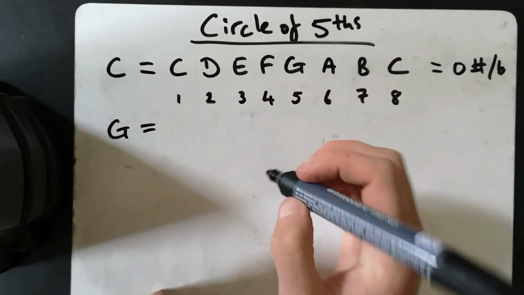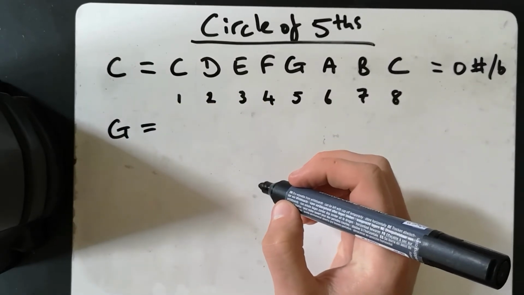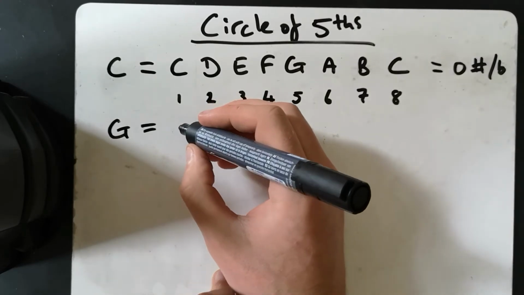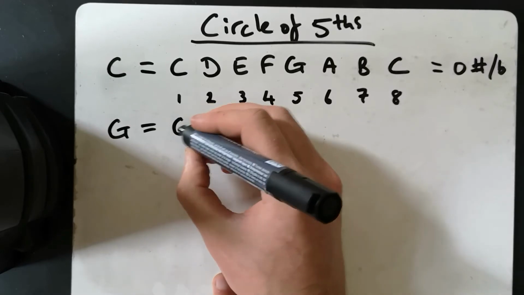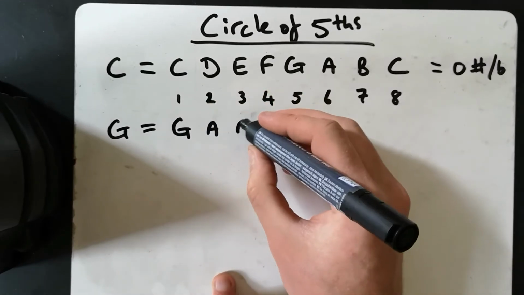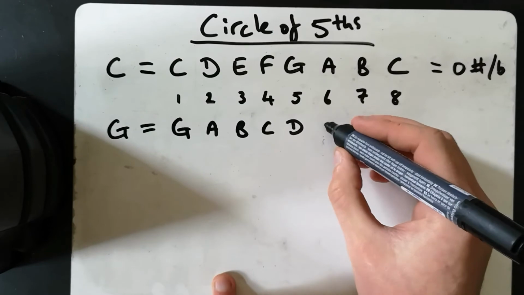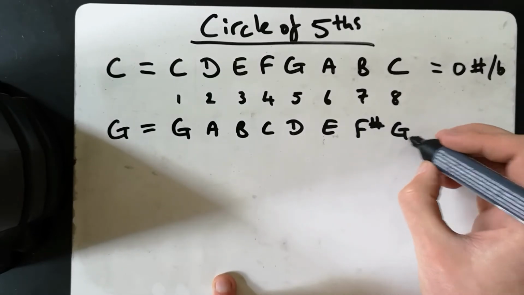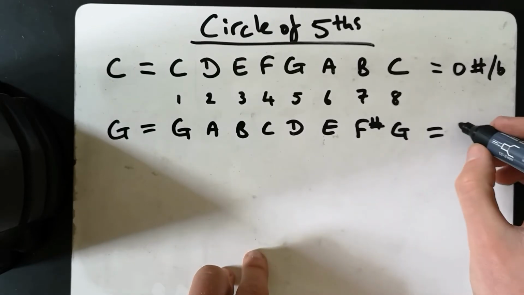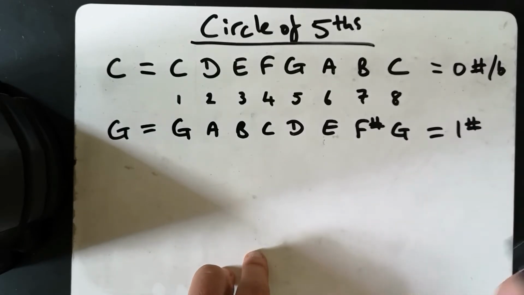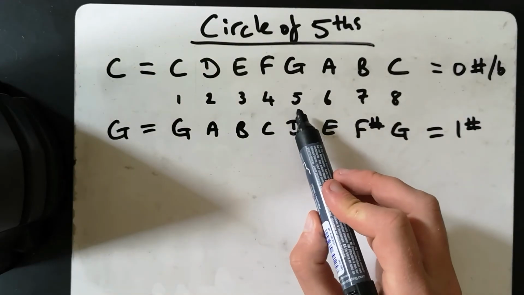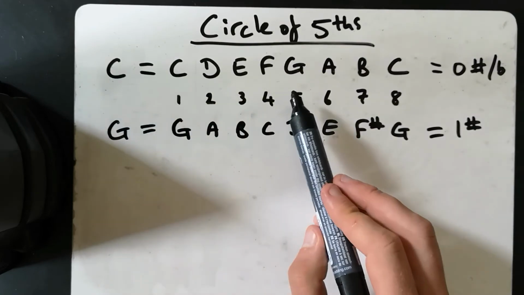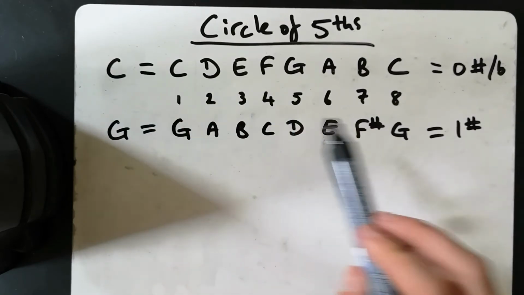G major, which I'm now telling you, so hopefully you've worked out the notes in G major because this is me going through them now. Don't change your answers if you got it wrong, just send it to me anyway. G, A, B, C, D, E, F sharp, and back to G again. They have got 1 sharp. Now G is the 5th degree of C major, and G has got 1 sharp.